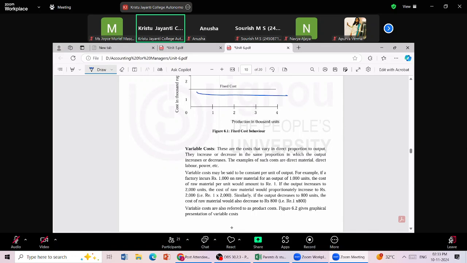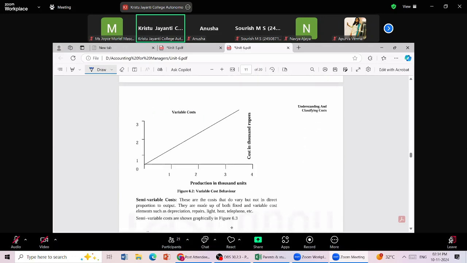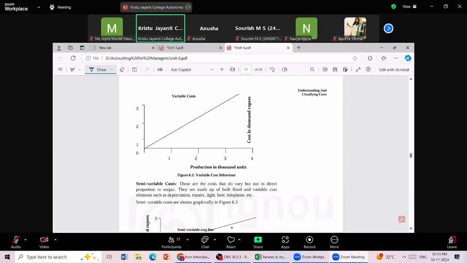That is what you call fixed cost. Variable cost is not like that. The cost will vary depending on the production. You can see here, when production increases to 2000, the cost also increases. When it increased to 3000, the cost increased. Likewise, for every increase in the number of units, there will be a simultaneous increase in the cost. That is called variable cost.